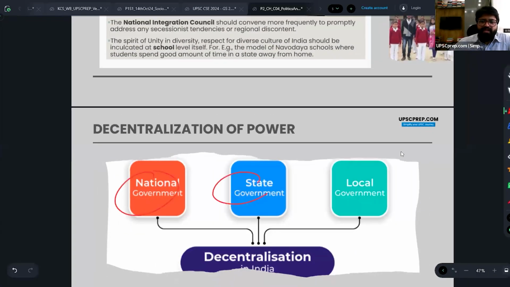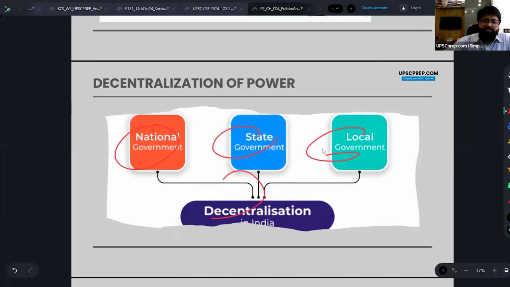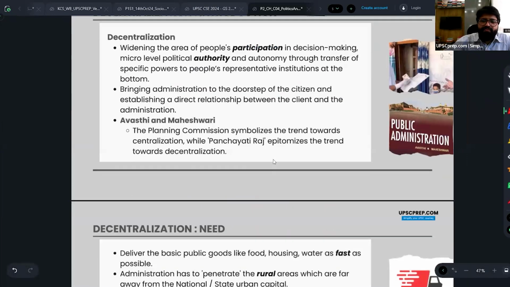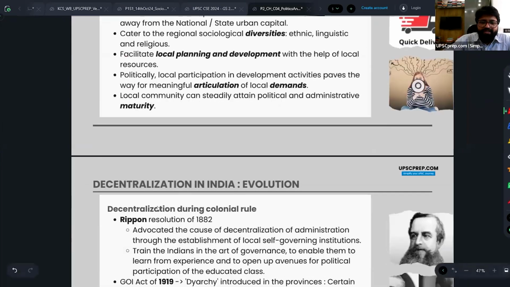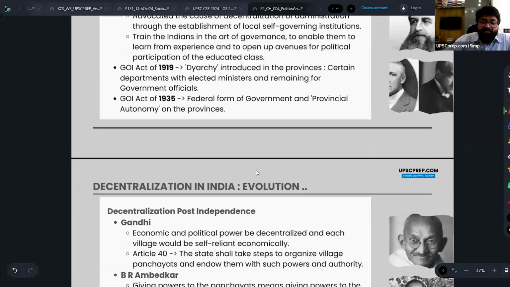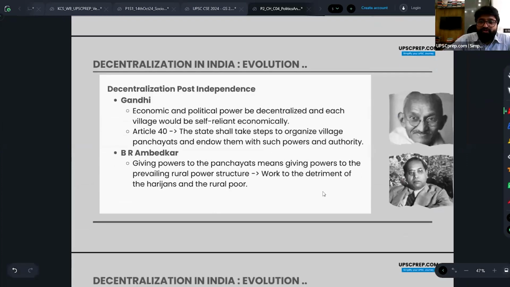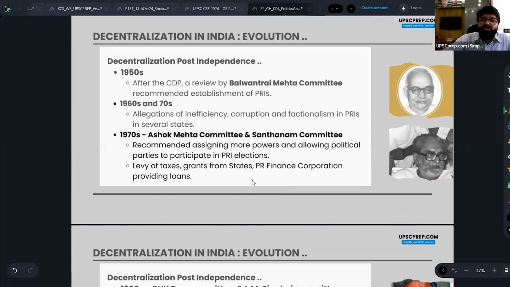See, national, state, local, how decentralization. So we will discuss. You are anyways going to study these things in polity, but imagine as part of your sociology paper too we are going to discuss what the problems are, the evolution of decentralization, what are the views of these people. So imagine your conceptual clarity with respect to decentralization.